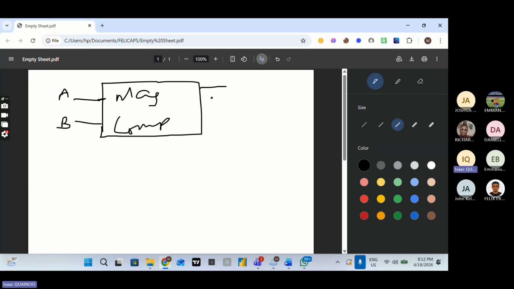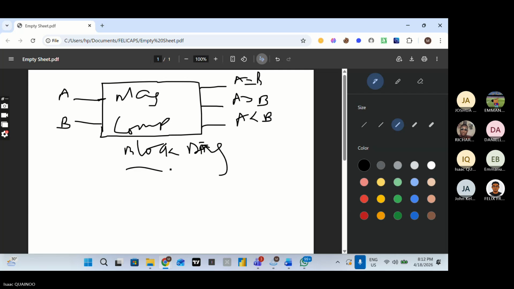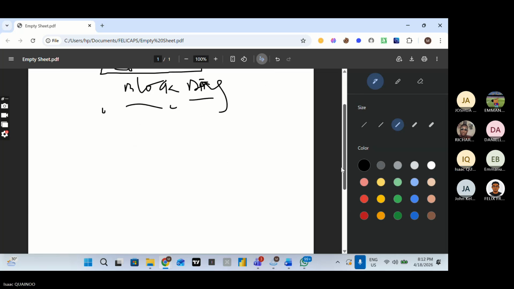And then it's always going to return three outputs. Your first output is for equality, A equals B. Your second output is A greater than B. And your third output is A less than B. So at every point in time, a magnitude comparator will take two inputs and return three outputs. And this is our block diagram for our magnitude comparator.